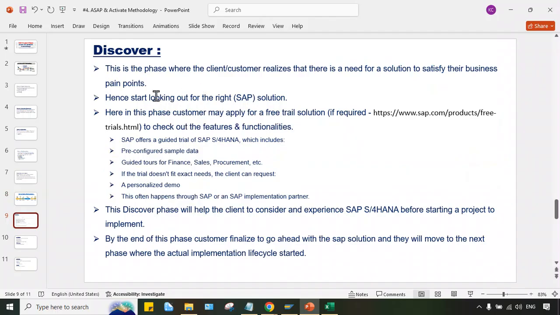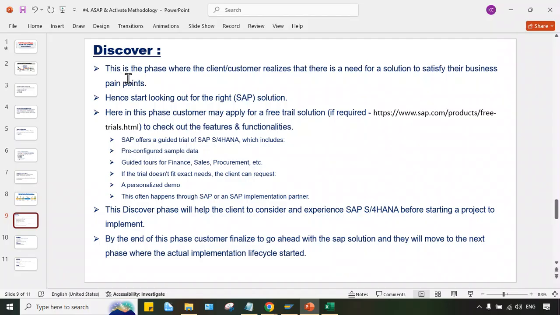Now look here in discover. This is the phase where the client or customer realizes. Who is the client or customer, guys? Tata Motors. Now we have to implement SAP in Tata Motors, and which version, guys? The latest version, that is S4 HANA. So we have to implement SAP S4 HANA in Tata Motors.